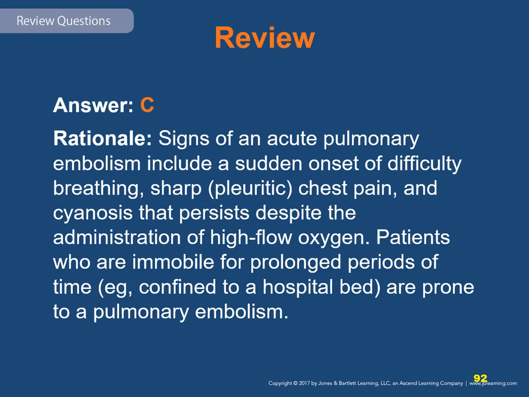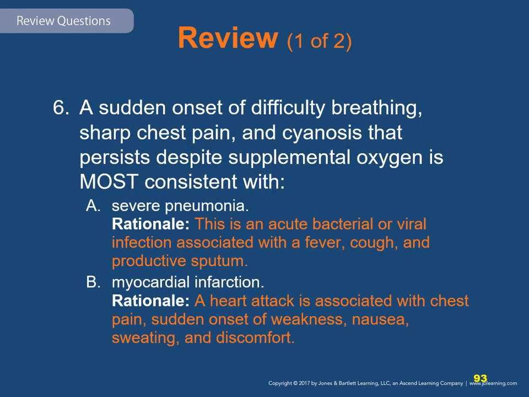Signs of an acute pulmonary embolism include a sudden onset of difficulty breathing, sharp chest pain, and cyanosis that persists despite the administration of high-flow oxygen. Patients who are immobile for prolonged periods of time, confined to a hospital bed, are prone to pulmonary embolism.